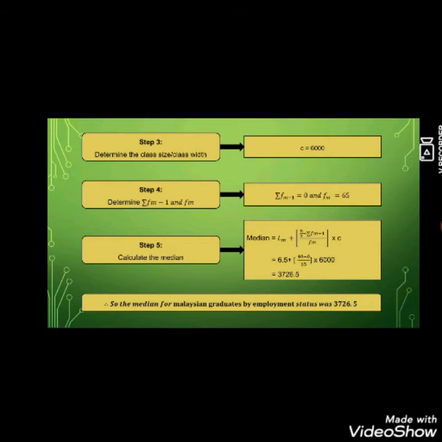Step 4 is to determine the cumulative frequency before the median class and the frequency of the median class. Our cumulative frequency before the median class is 0 and our frequency of the median class is 65. And the last step is to calculate the median using the formula. And we got the last answer, 3,726.5 for our median.